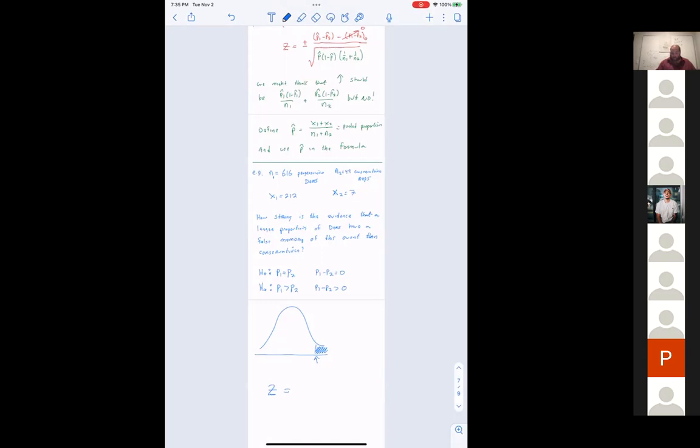So what is P1 hat minus P2 hat? Let's write the fraction out. What is P1 hat? It'd be 212 divided by 616. What is P2 hat? 7 divided by 49, over the square root of, what is P hat?